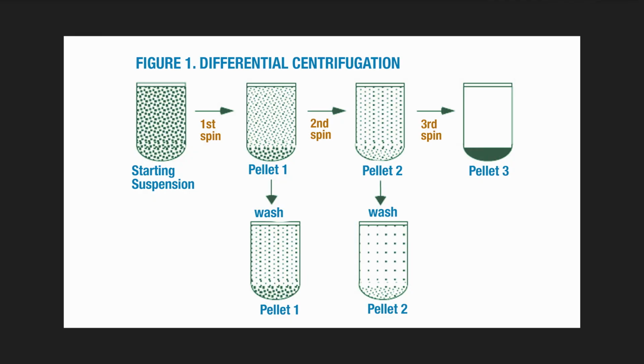After each spin, the pellet is washed by resuspending it in fresh buffer and recentrifuging to remove the contaminants. For example, a mitochondrial pellet may contain endoplasmic reticulum fragments, so washing at 15,000 G improves purity. Supernatants are carefully decanted or pipetted to avoid disturbing pellets.